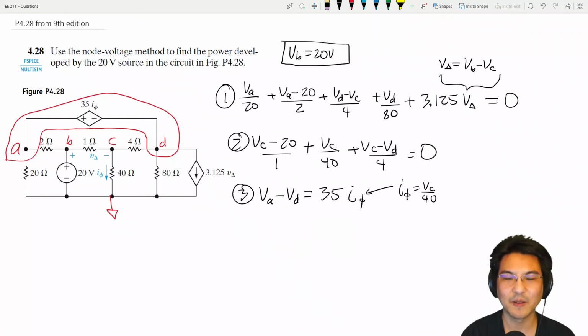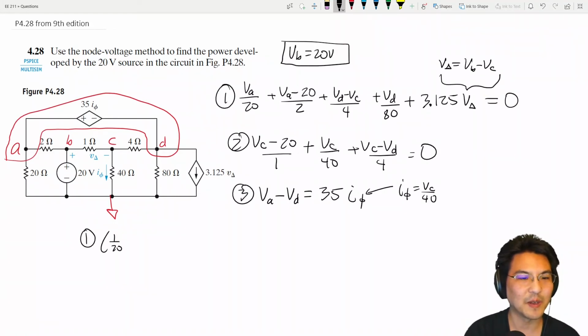So why don't I gather it as a matrix and let's have the computer solve it for us. So let me rewrite them a little neater. Okay, so let me gather terms for VA. 1 over 20, 1 over 2, VA.